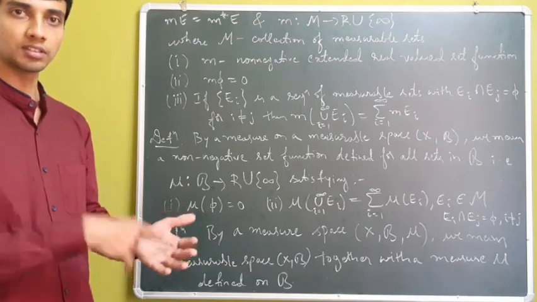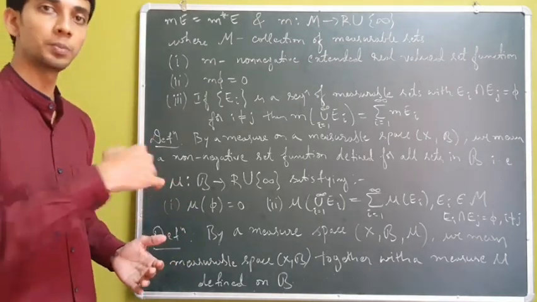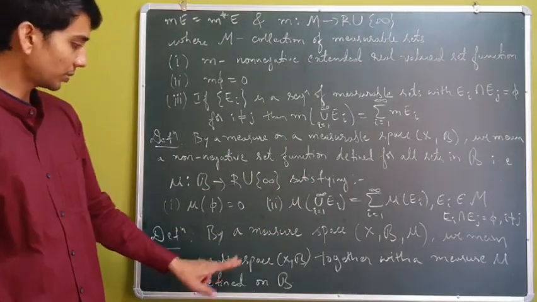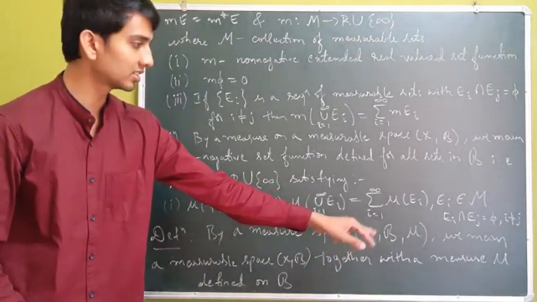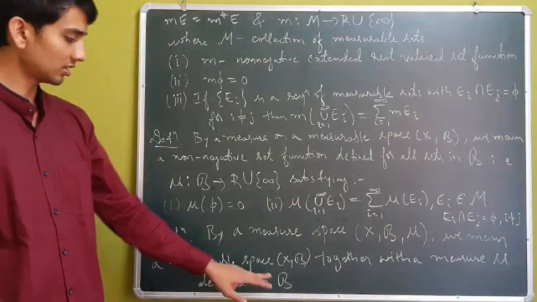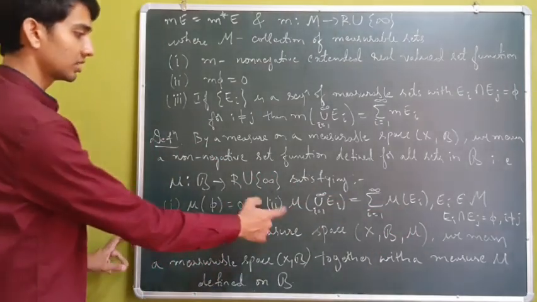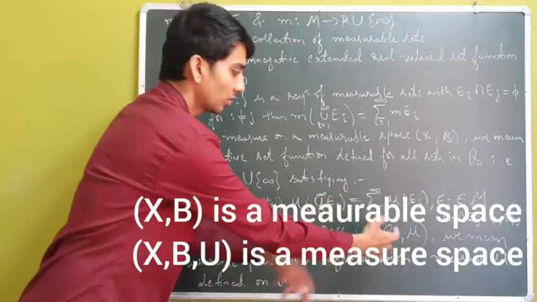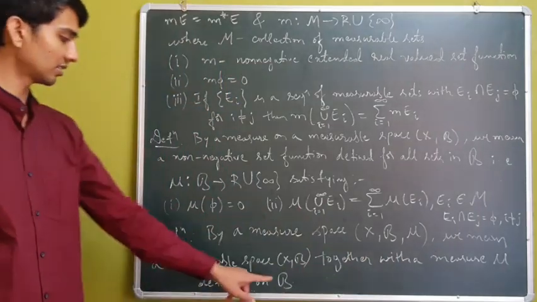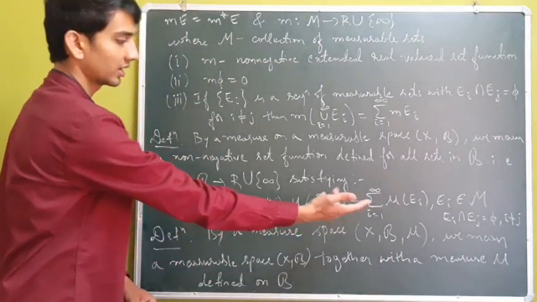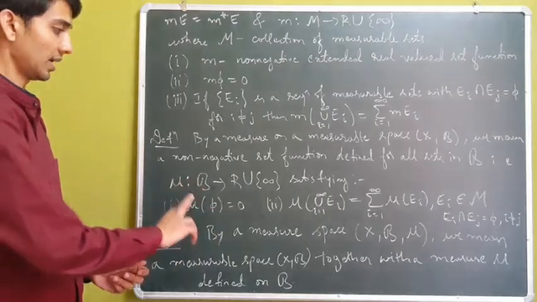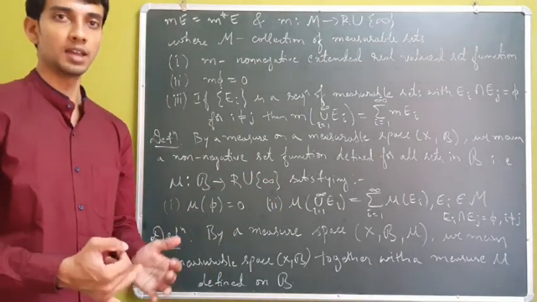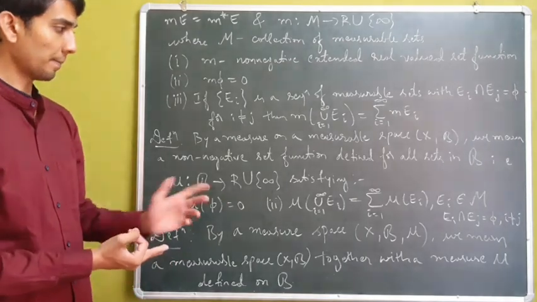By a measure space, we mean a measurable space (X, B) together with a measure mu defined on B. So the triplet (X, B, mu) is said to be a measure space. So these are the concepts of a measurable space, a measure, and a measure space.